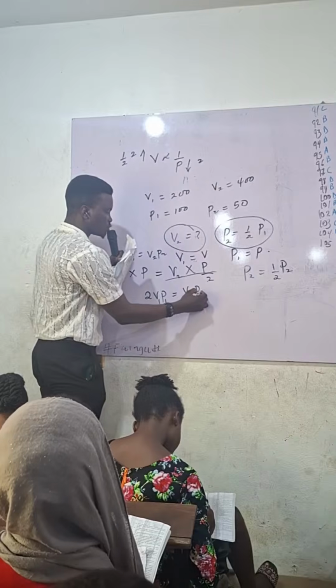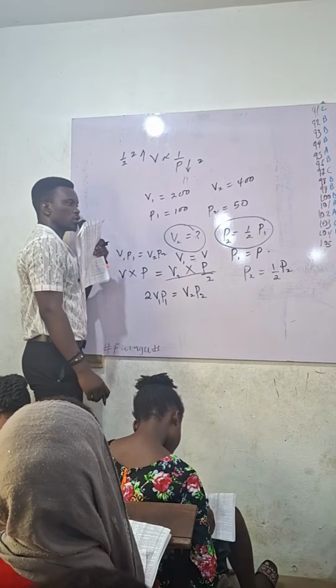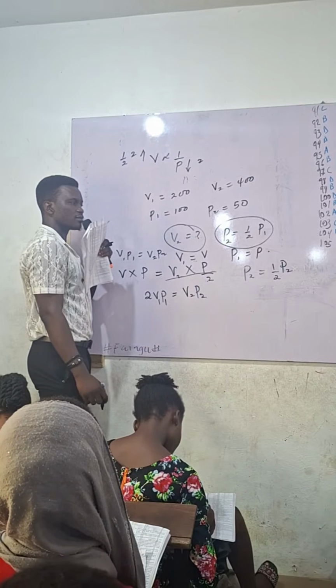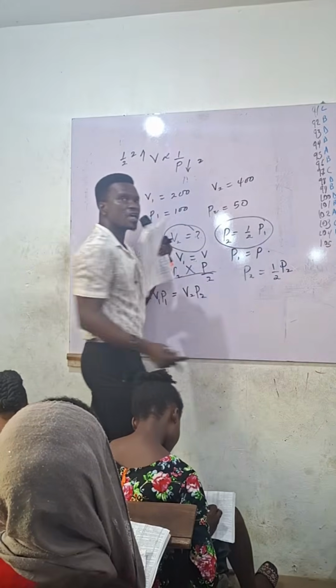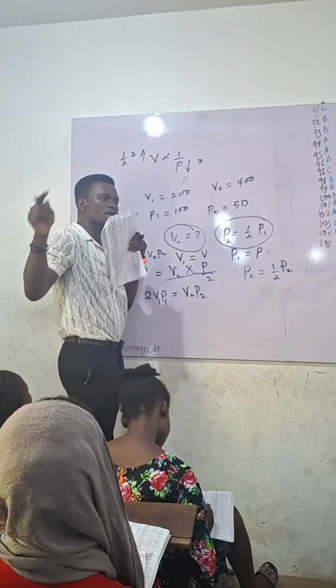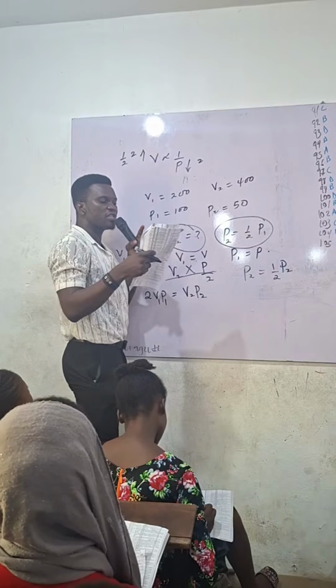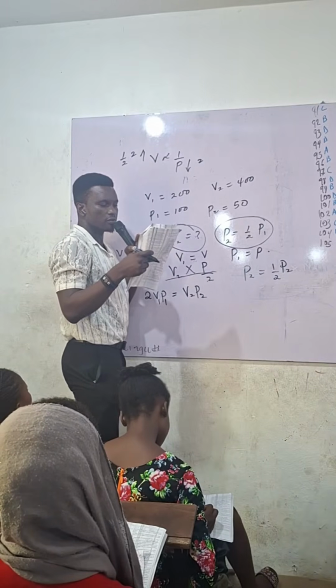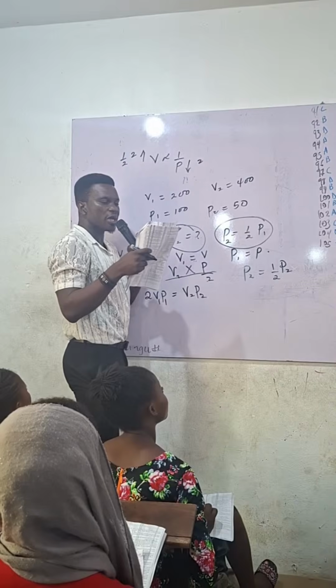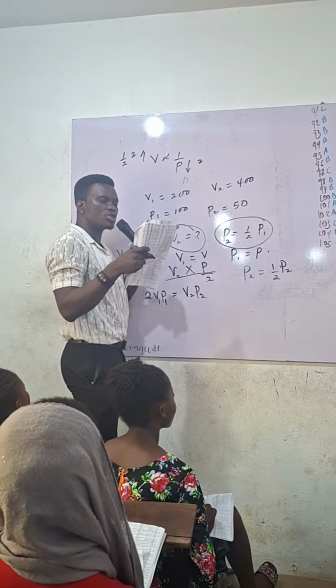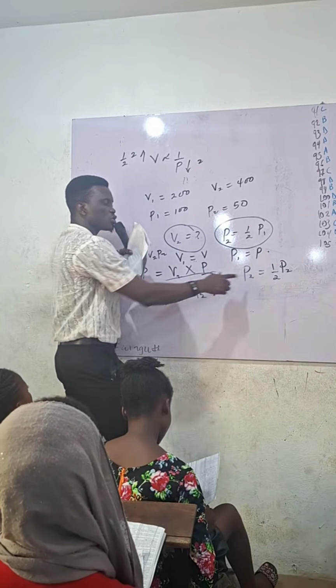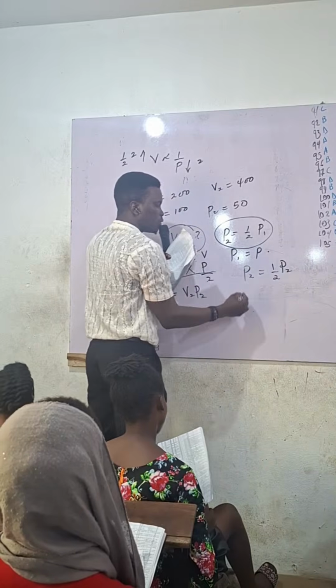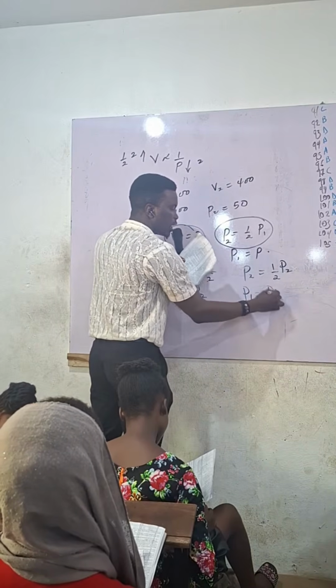So that means this will be P2. Do we understand that? They said that if the new pressure is out and the initial pressure remains the same, so P2 is the one that is out, while P1 remains P1.